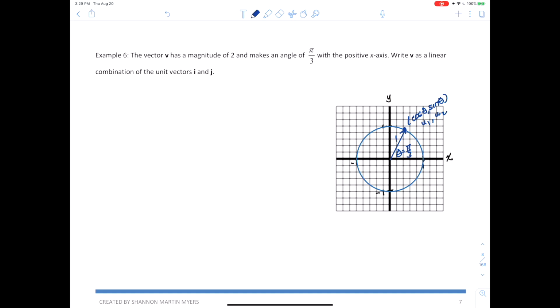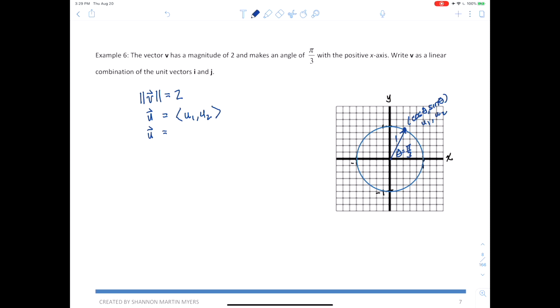So what do we know? We know the magnitude of v is 2, right? That is given. We also know that u is equal to (u1, u2). Good so far? But we also know that what was u1?